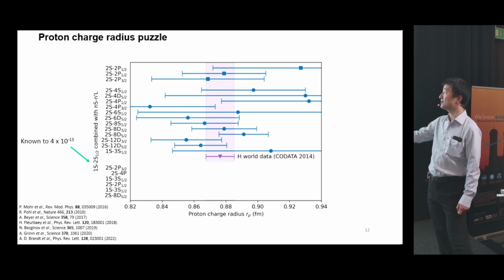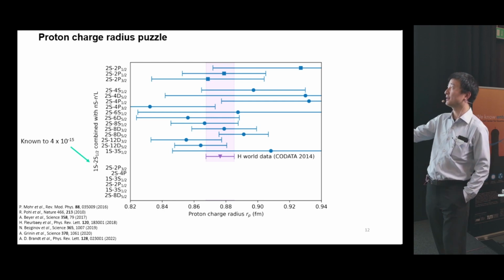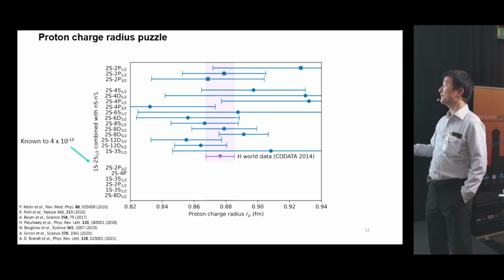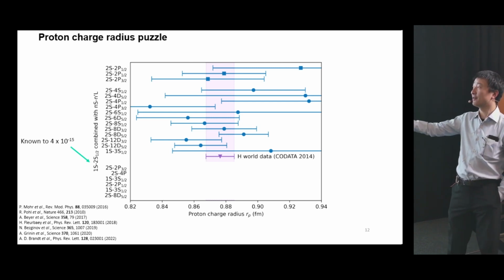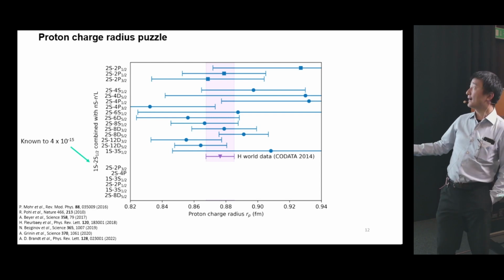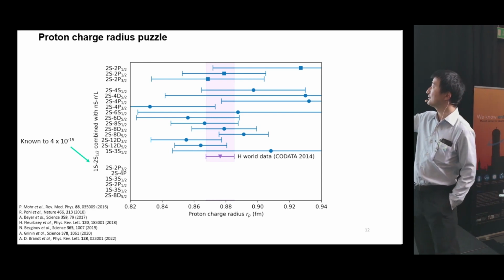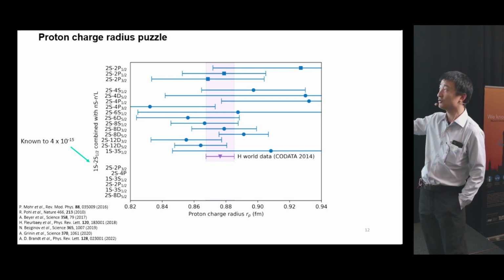Each point actually corresponds to the proton charge radius derived from these different transitions. Of course, if the measurements are consistent and if the theory is correct, all these transitions should point to one proton charge radius. And in fact, if you look at these distributions with the error bars, they can be explained simply by statistical distributions.